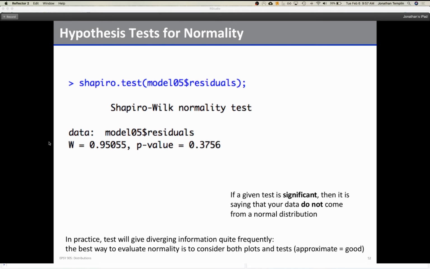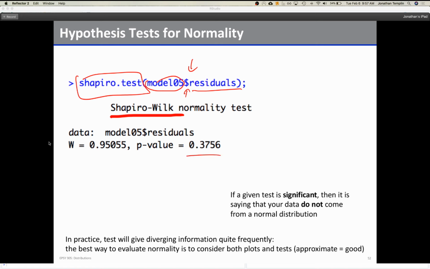And finally, we could build a hypothesis test. There are a number of those hypothesis tests that are out there. The one that quickly gets used by a lot of people is the Shapiro-Wilk test for normality. And sure enough, if we take our model and put a $ sign and the word residual after it, and submit that to the Shapiro-Wilk or shapiro.test function, it gives us a p-value.